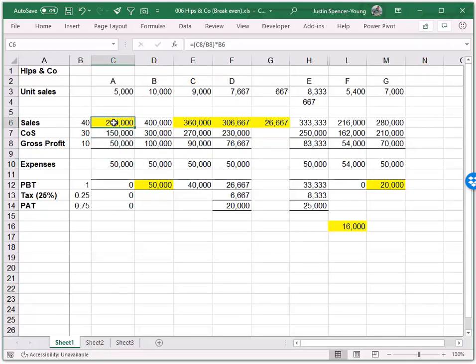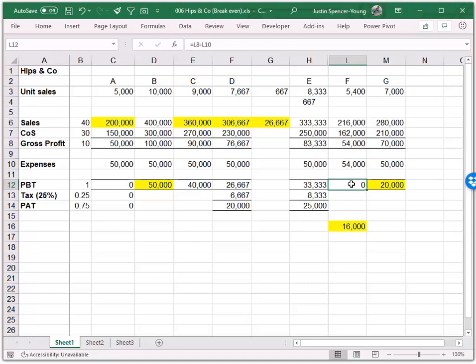What is the increase in sales from A to F? The increase is 16,000. So this tells me that if I employ someone else in the business and it incurs an extra fixed cost of 4,000, I have to do an extra 16,000 Rands worth of sales to cover both the variable cost that goes with the extra units and the salary in order to end up at a break-even.